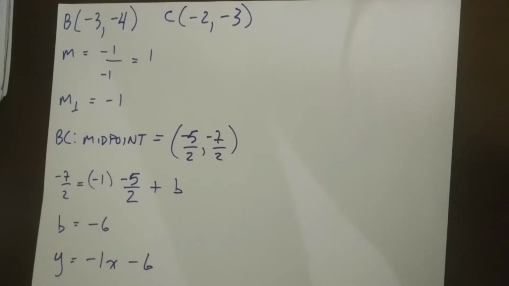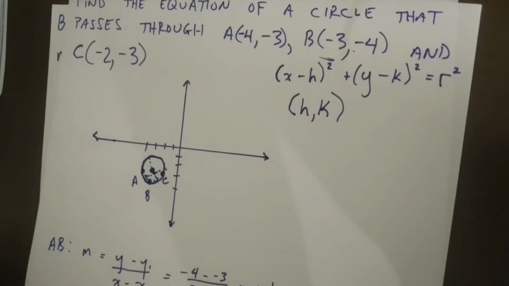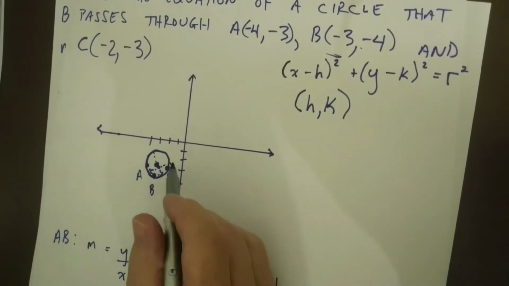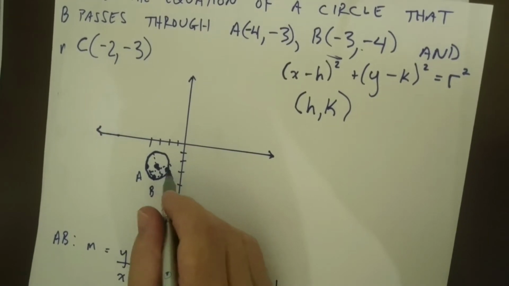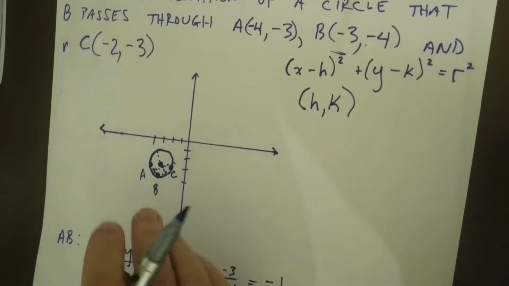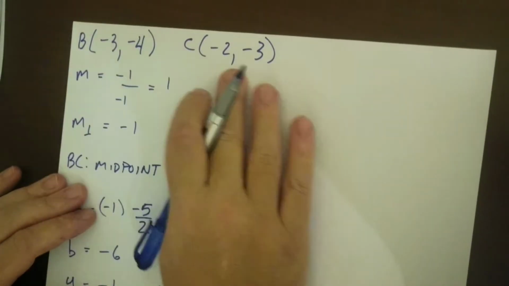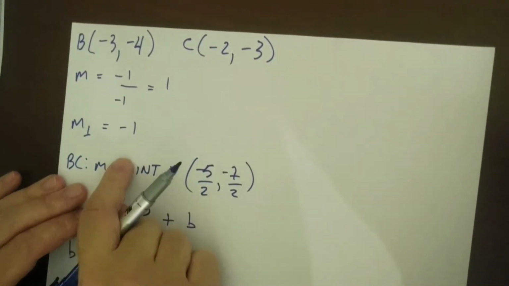All right, so at this point, what I'm trying to find is BC, to find out where these lines intersect. I went ahead and found the slope of BC, or the gradient as they call it.